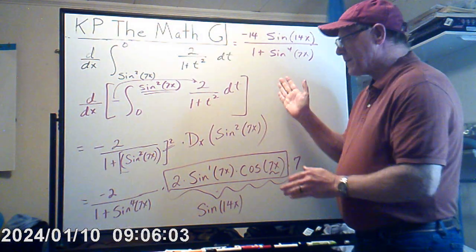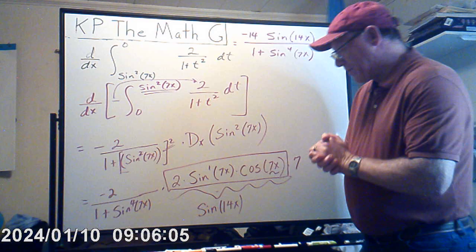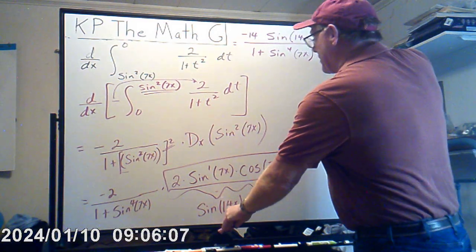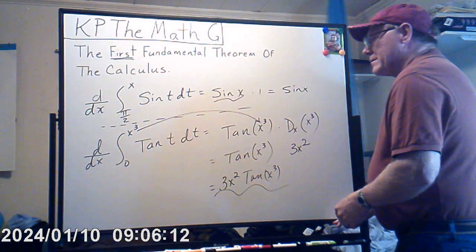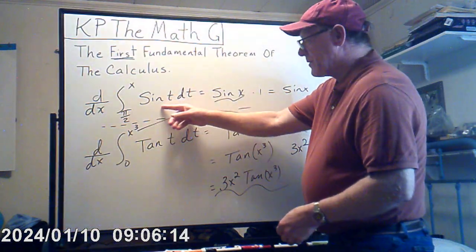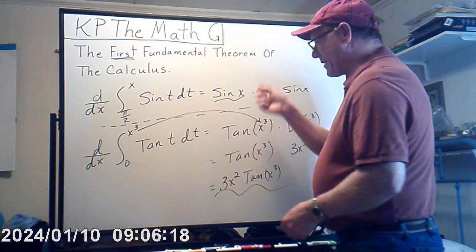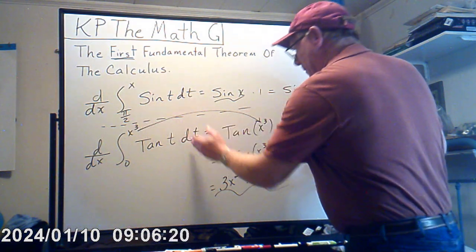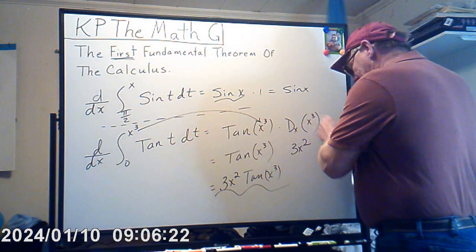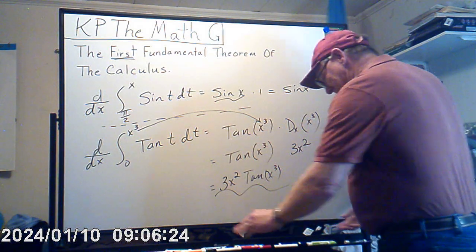Whew. Alright, that's what I'm talking about here. This is a really wonderful, good problem. So let's go back and review real quickly. Sometimes it's just sine, but then cosine, you just plug the x in. Derivative of x is 1. Here we've plugged the 3 in. Derivative of x cubed is 3x squared.